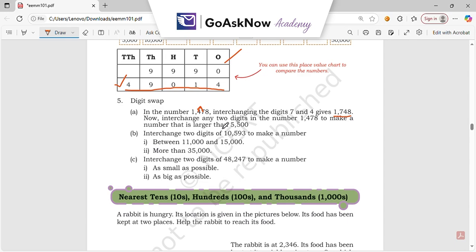Now interchange any two digits in the number 1478 to make a number that is larger than 5,500. Okay, let us swap.